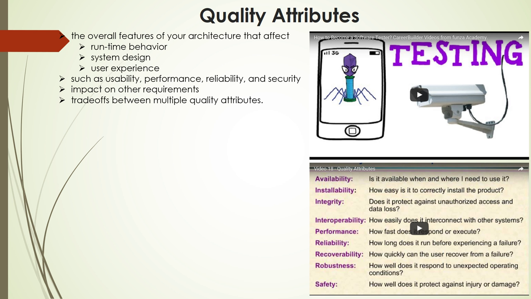Quality attributes represent areas of concern that have the potential for application-wide impact across layers and tiers. Some attributes are related to the overall system design, while others are specific to runtime, design time, or user-centric issues.